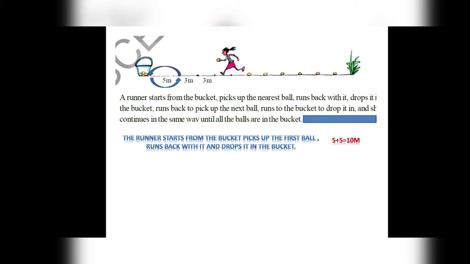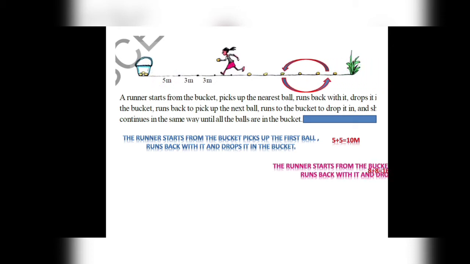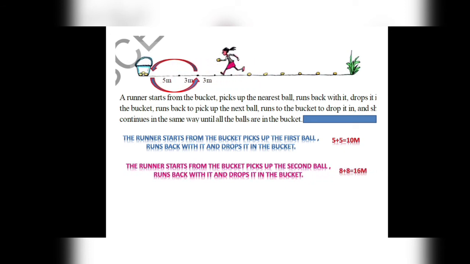meters. So the total distance covered by the runner in the first round is 10 meters. That is, we got our first term here as 10.